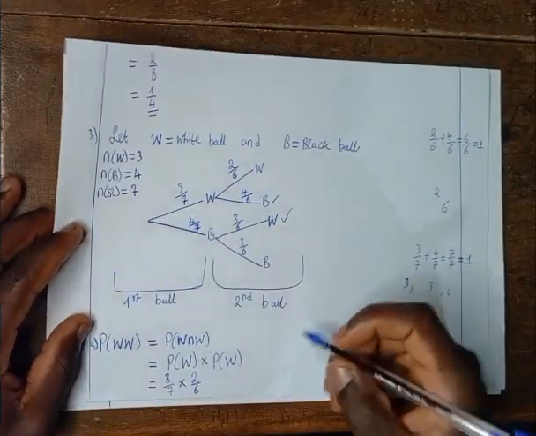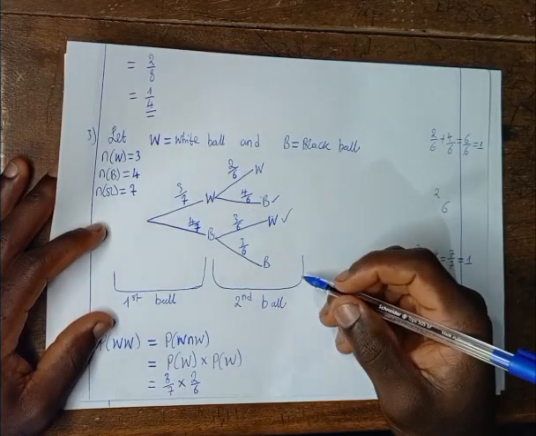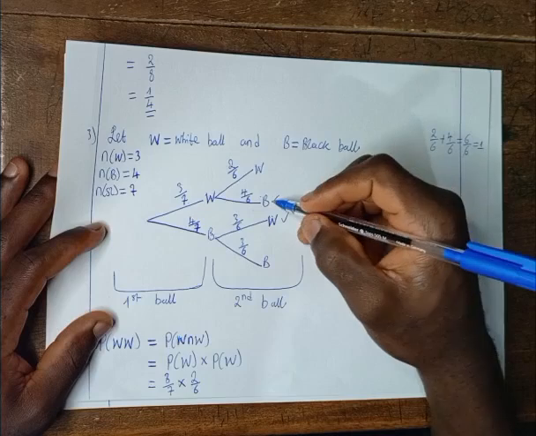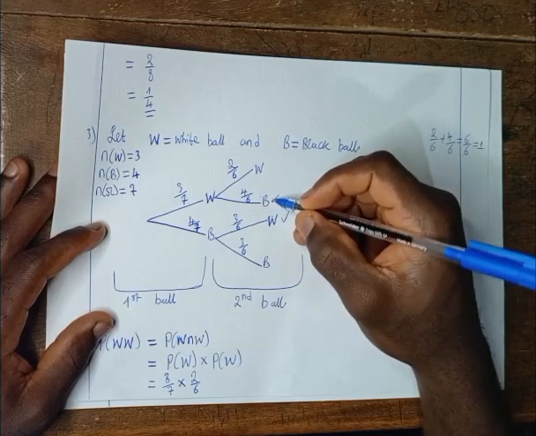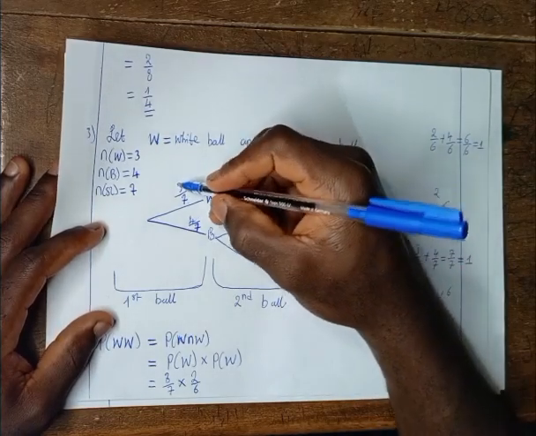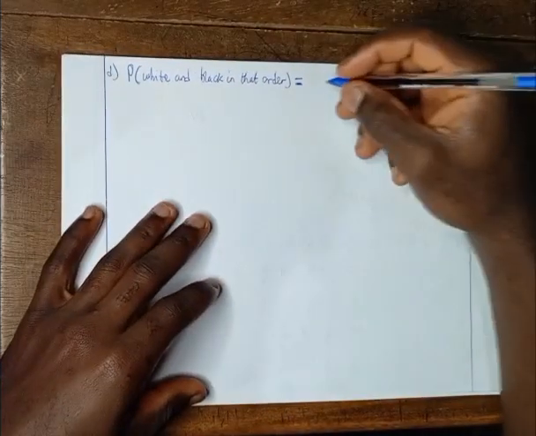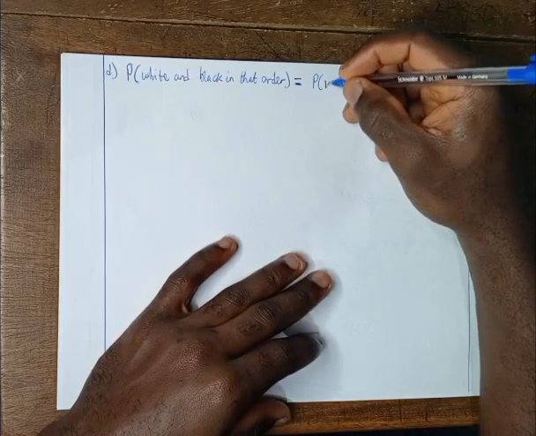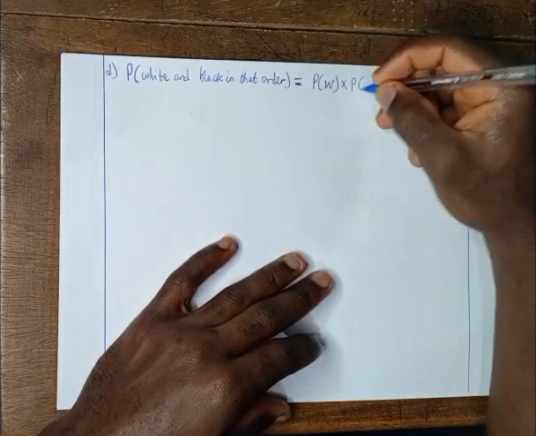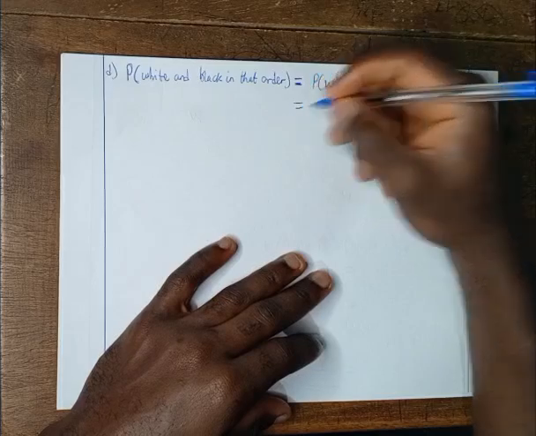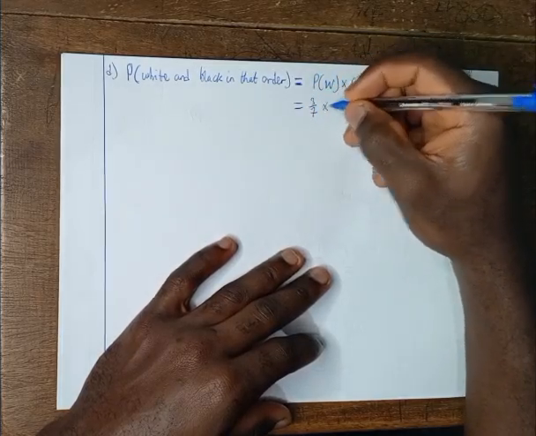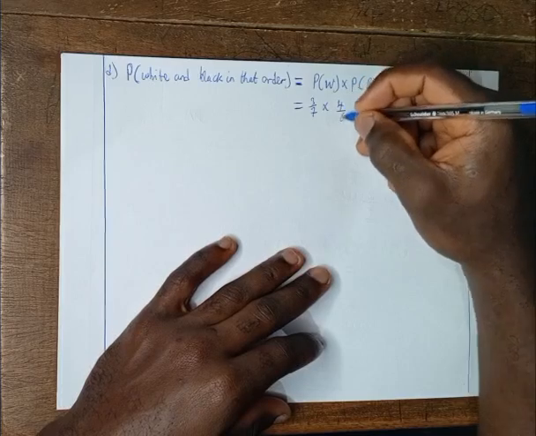The first ball white, the second ball black, white, black. So we have to make use of this branch. Take note of this. So we are going to multiply 3 over 7 by 4 over 6. This will be equal to the probability of having a white ball times the probability of having a black ball, which will simply be equal to 3 over 7 times 4 over 6.